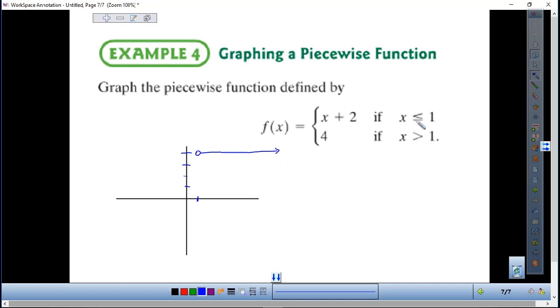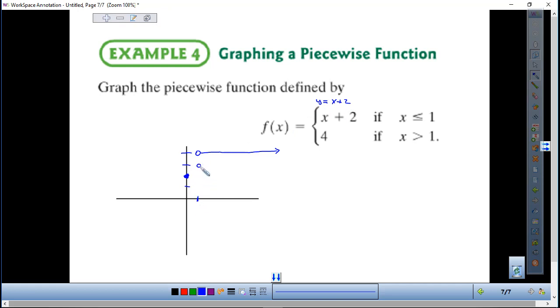Now, for all x values that are less than 1, I'm going to draw the line x plus 2. Remember, this really says y equals x plus 2. That's in slope-intercept form. What's the y-intercept? 2. What's the slope? 1. So I'm going to go up 1 and over 1. So I've got a point right there.